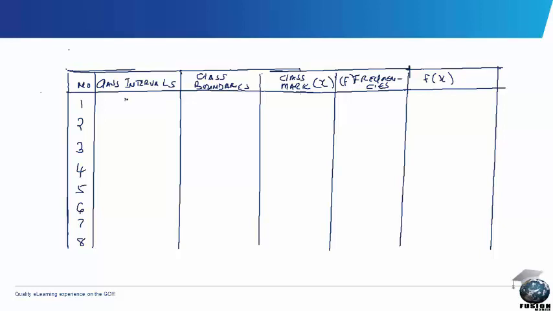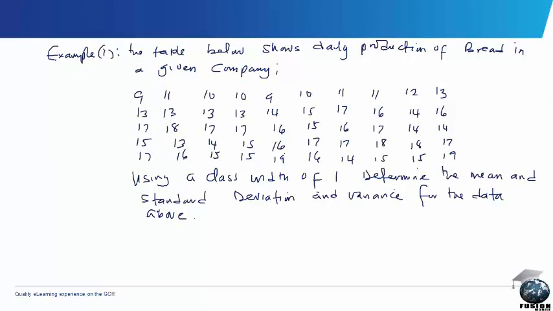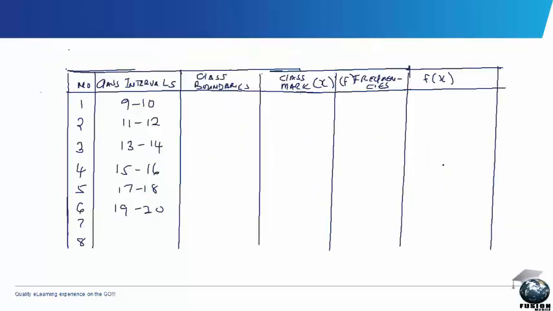The class intervals we have are 9 to 10, 11 to 12, 13 to 14, 15 to 16, 17 to 18, 19 to 20. We're having 6 classes because of the numbers there. The highest number there is 19, and grouping them using a class width of 1, we have 9 to 10, 11 to 12.